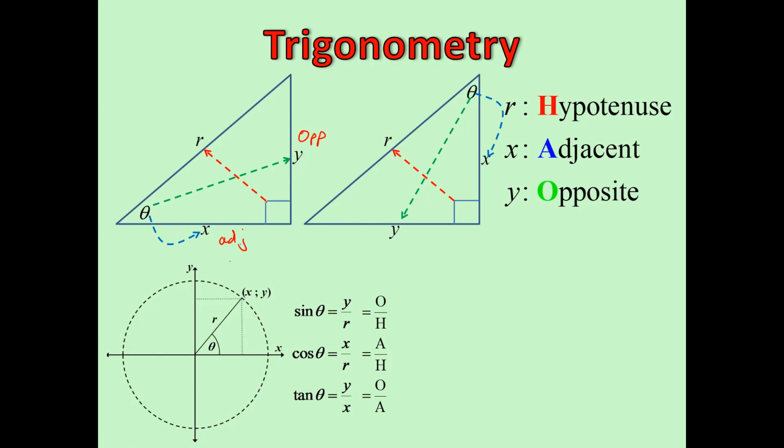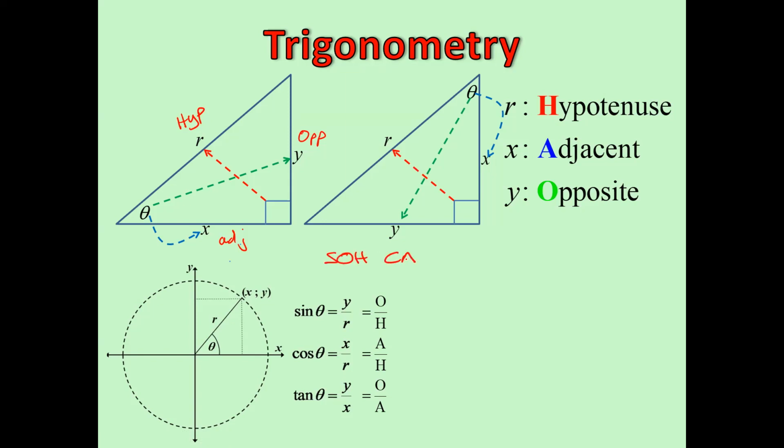Remember that your radius is always opposite the right angle, which we can call the hypotenuse. If we're not sitting on an XY Cartesian plane, it's good to know a famous mnemonic that I give my math students.